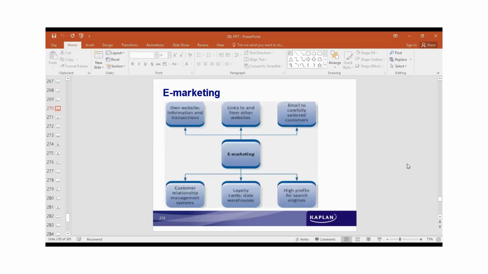How can e-marketing be done? E-marketing is done on your own website. They have their website constructed, and information is shared with the customers, and transactions also are taken up on their own website. So that's the first way.